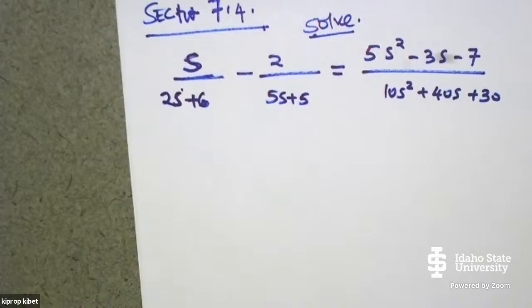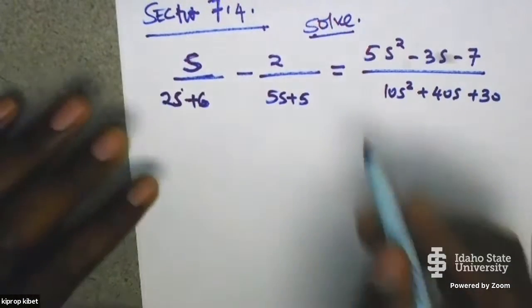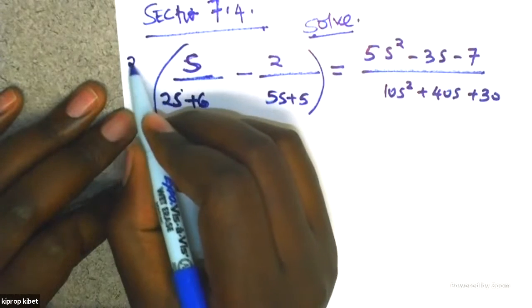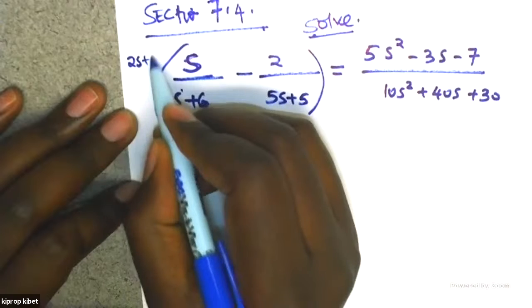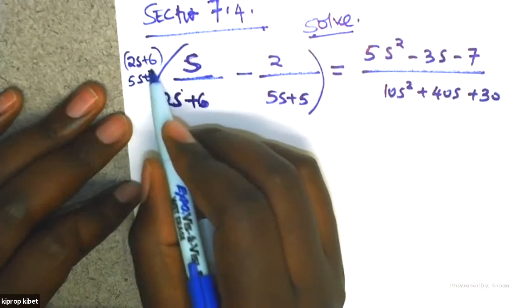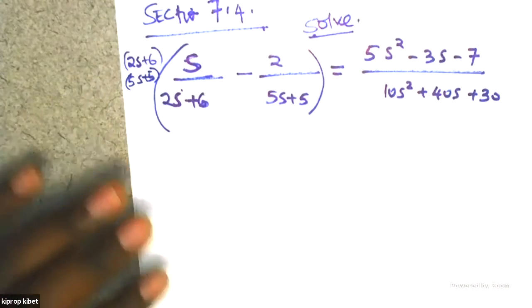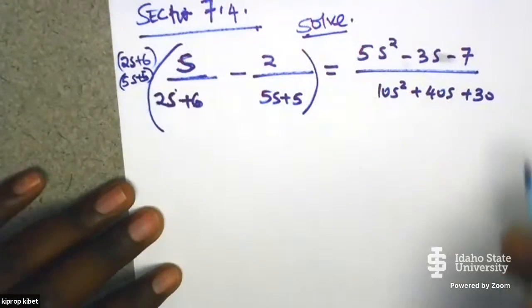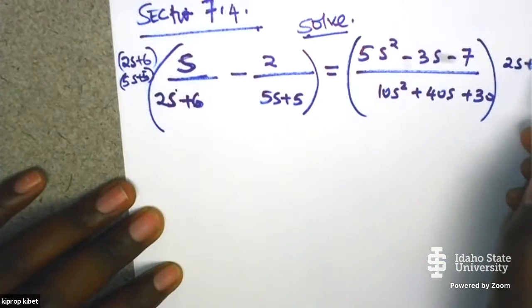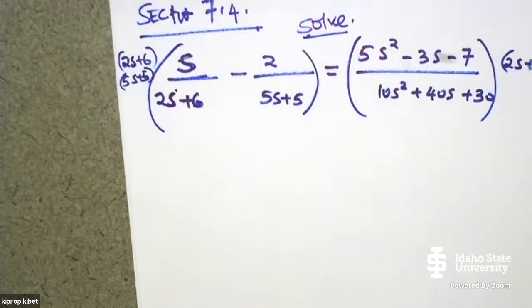So therefore, what we do is we can actually multiply all of this by 2s plus 6 and 5s plus 5. Then what you do on one side, you do also on the other side. 2s plus 6, 5s plus 5.